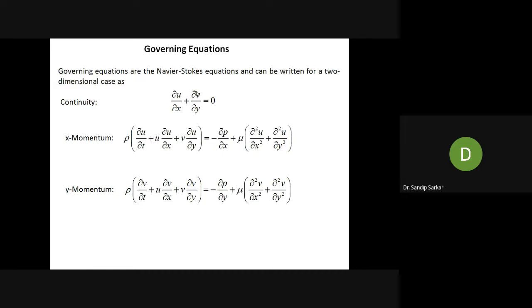If you want to visualize how the fluid is flowing inside a pipe, you need to solve numerically these three equations: the continuity equation, the x momentum equation, and the y momentum equation.